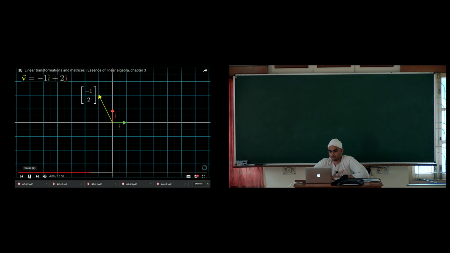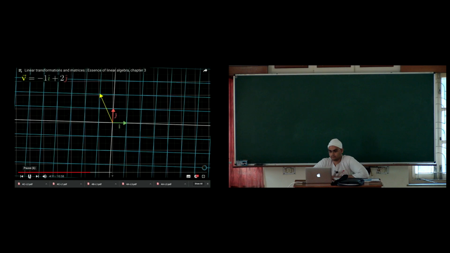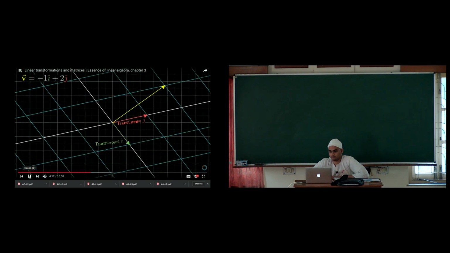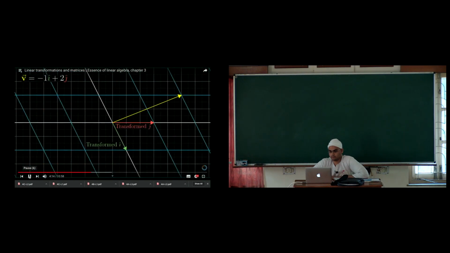If we play some transformation and follow where all 3 of these vectors go, the property that grid lines remain parallel and evenly spaced has a really important consequence. The place where v lands will be -1 times the vector where i hat landed plus 2 times the vector where j hat landed.